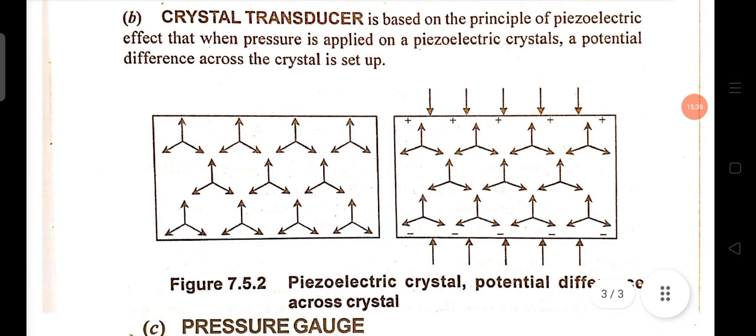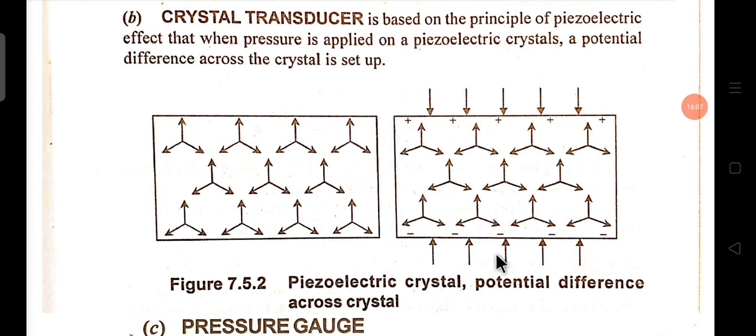So this is called the piezoelectric effect, and the crystal transducer works based on that effect. This is the piezoelectric crystal. Whenever we apply pressure to that crystal, one terminal becomes negatively charged and one terminal becomes positively charged, so a potential difference is created.